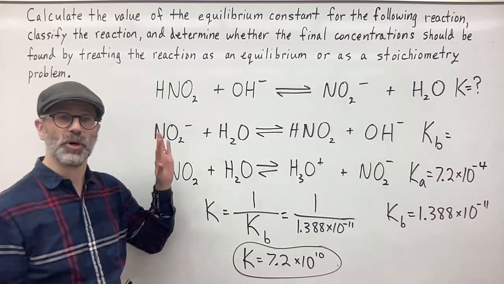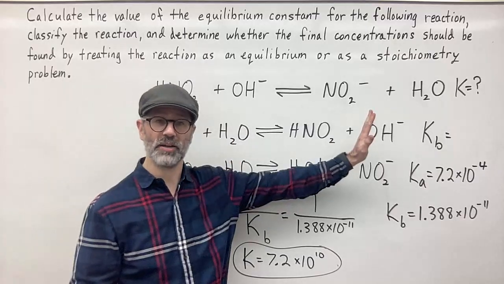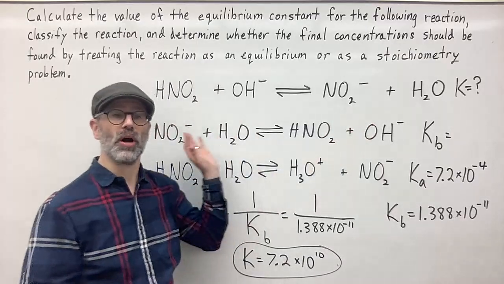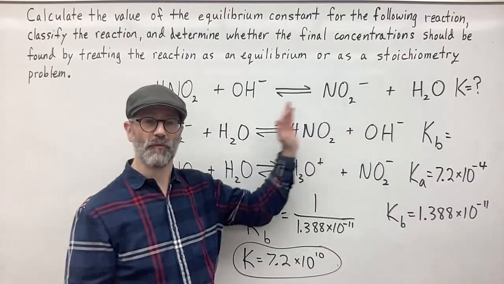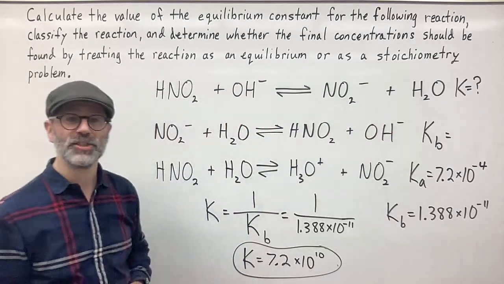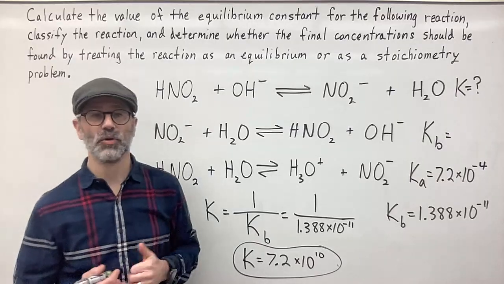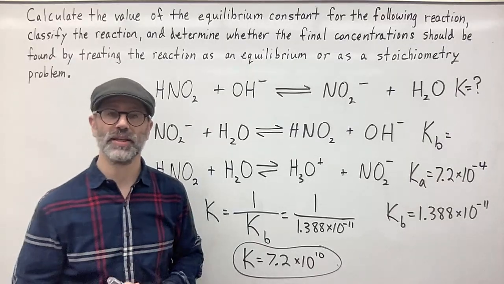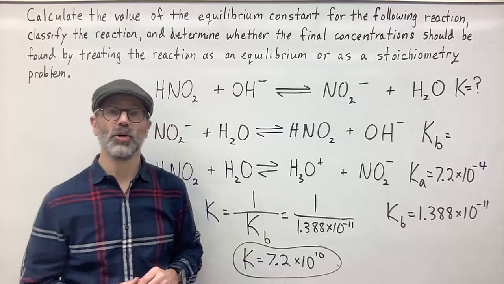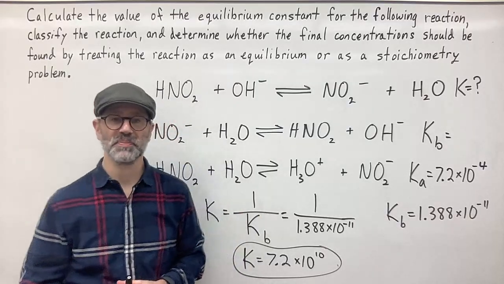So the equilibrium of the reaction is going to favor the products, and so most of this is going to virtually be converted completely to product, and so we would treat this as a stoichiometry problem rather than an equilibrium problem in order to find the equilibrium concentrations of the species for that reaction.